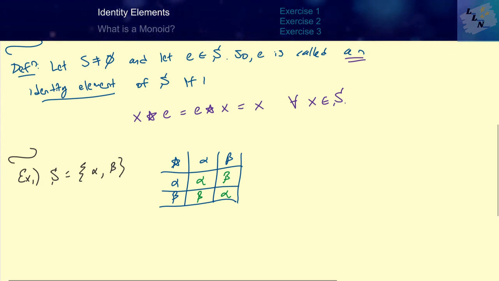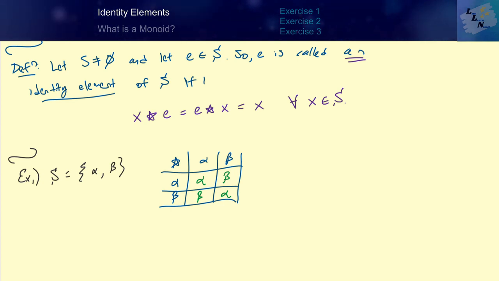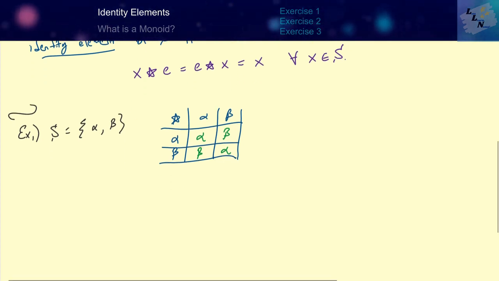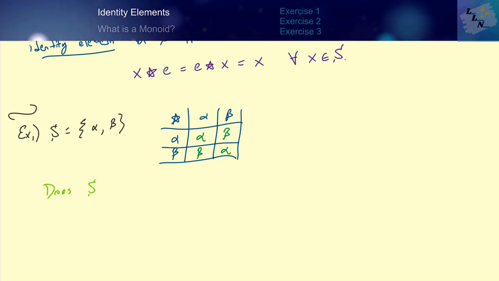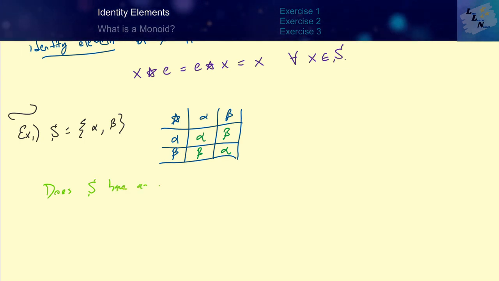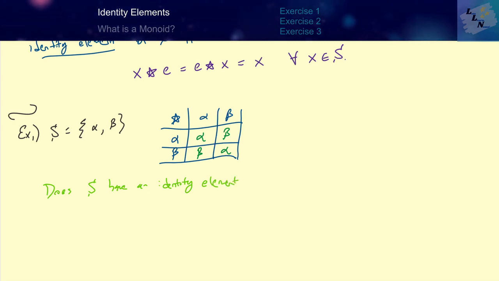So you should be able to verify by now whether this is a magma and a semigroup, but we're not going to get into that quite yet. So our goal is to see if S has an identity element. So does S have an identity element?